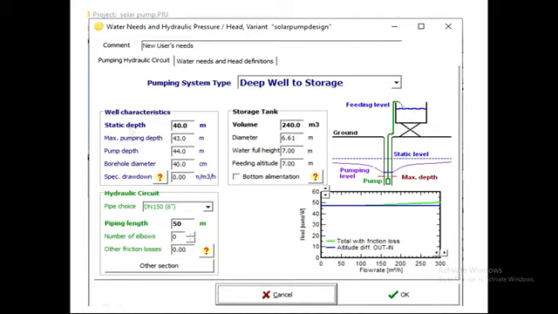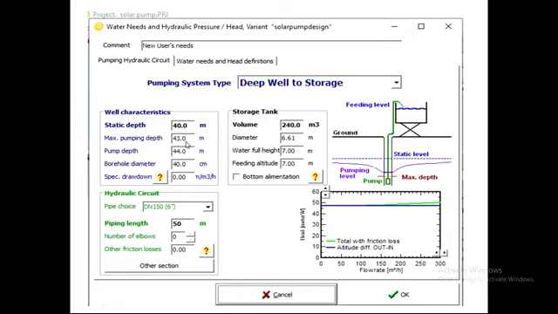Take static depth as 40 meters. Okay, and this is the maximum pumping depth. We have chosen the static depth, it is up to this only. Okay, so your pump will go deep and touch the last point of the ground.